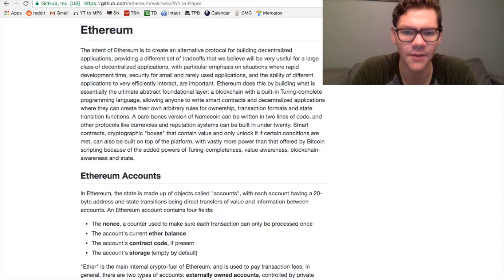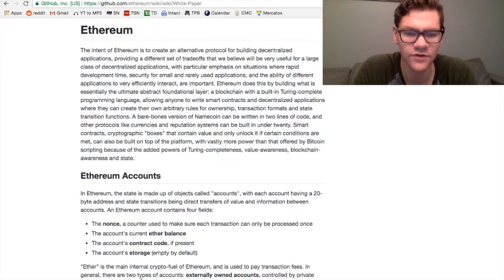Ethereum does this by building what is essentially the ultimate abstract foundational layer, a blockchain with a built-in Turing-complete programming language, allowing anyone to write smart contracts and decentralized applications where they can create their own arbitrary rules for ownership, transaction formats, and state transition functions.